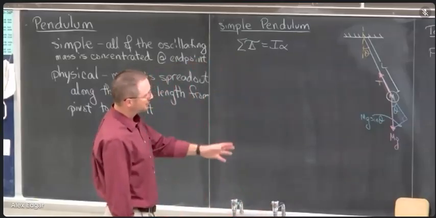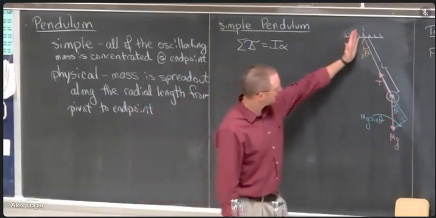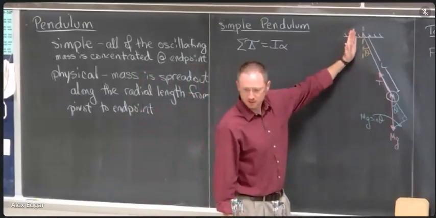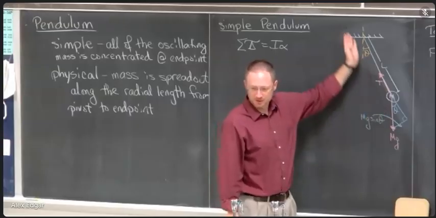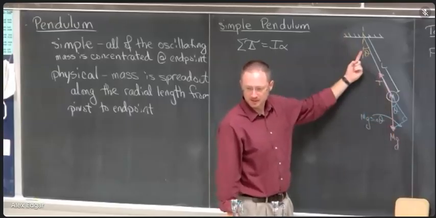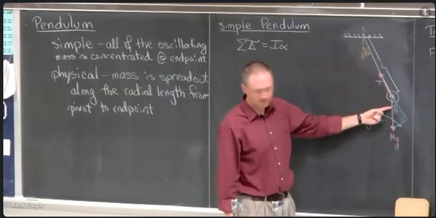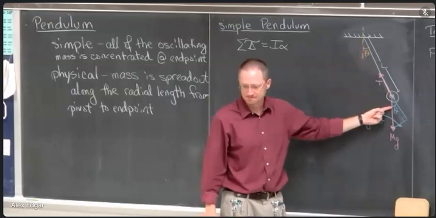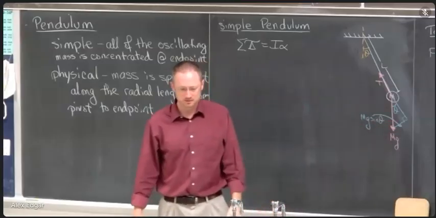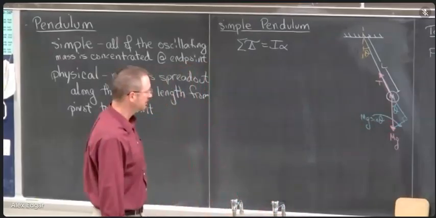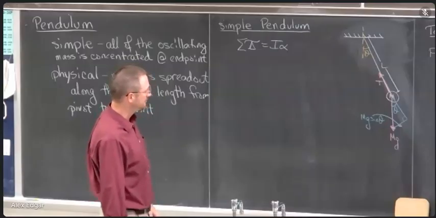The geometry that we're using here is two parallel lines, the vertical line up here and the vertical weight down there, that are cut by a transverse. So the angle up here with the vertical is going to be the same as the angle here. And because of that, what we want is the sine function to find that side of the triangle.